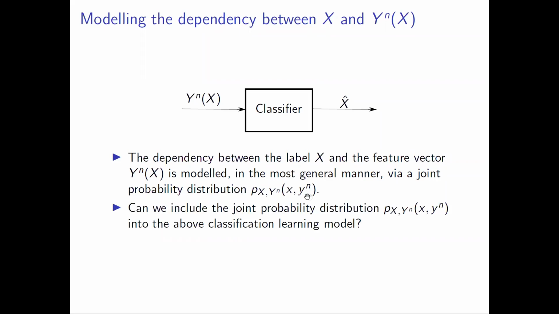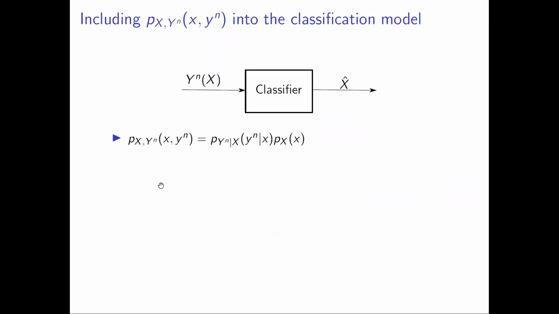Now I would like to include this joint probability distribution into this model, just to be more clear. First I represent this joint probability distribution as a conditional distribution times the marginal. Because this equality holds, instead of including the joint distribution directly into this model, I can introduce the conditional distribution and also this distribution.